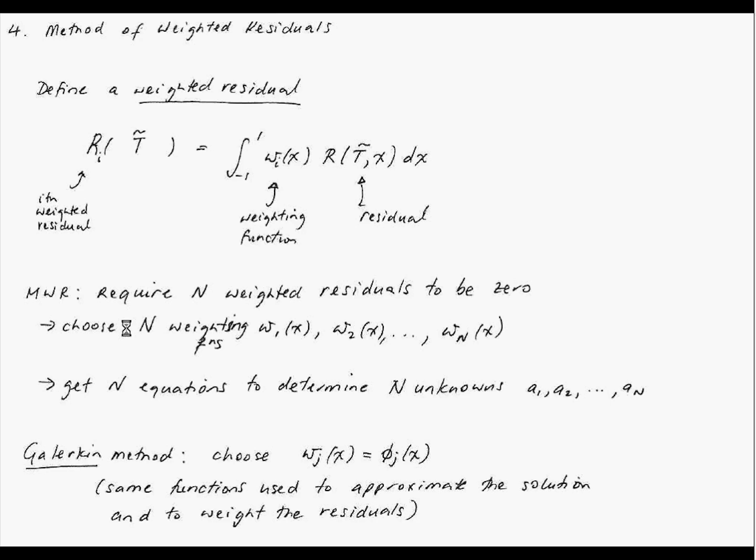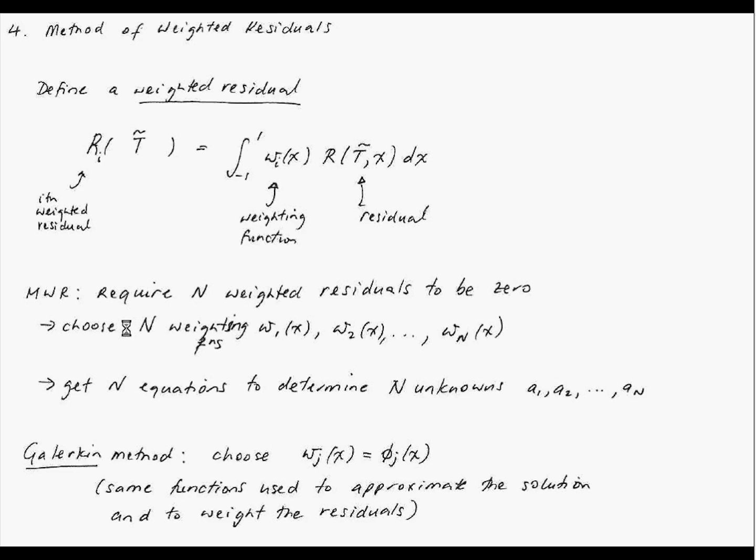So that means we're going to have to choose n weighting functions, those are the w1, w2, up to wn.